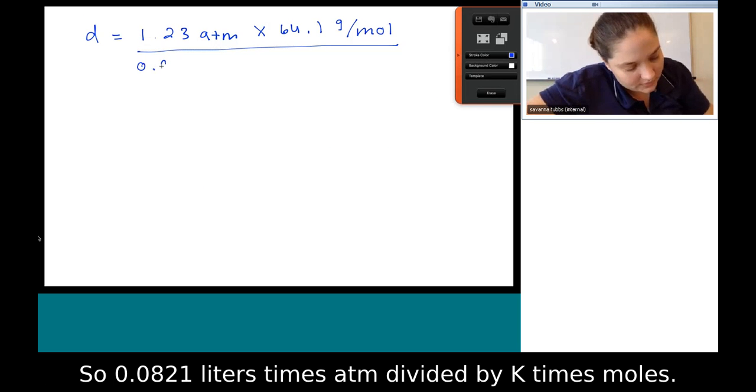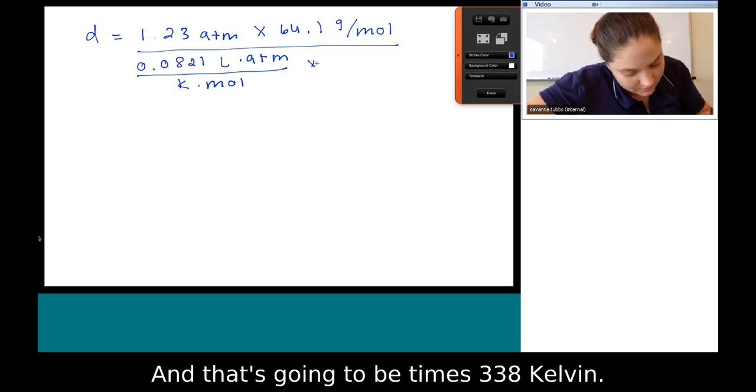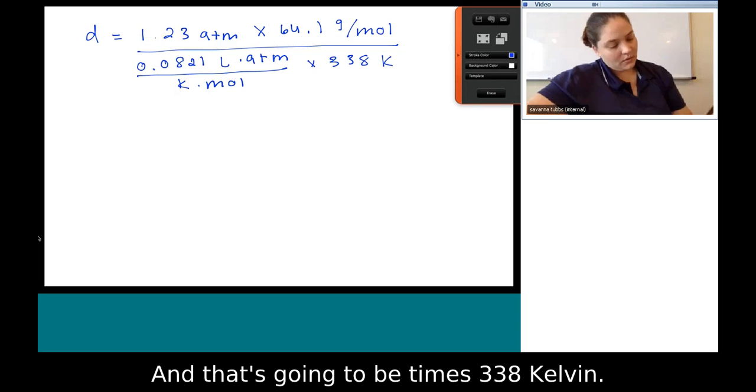So 0.0821 liters times atm divided by K times moles, and that's going to be times 338 Kelvin.